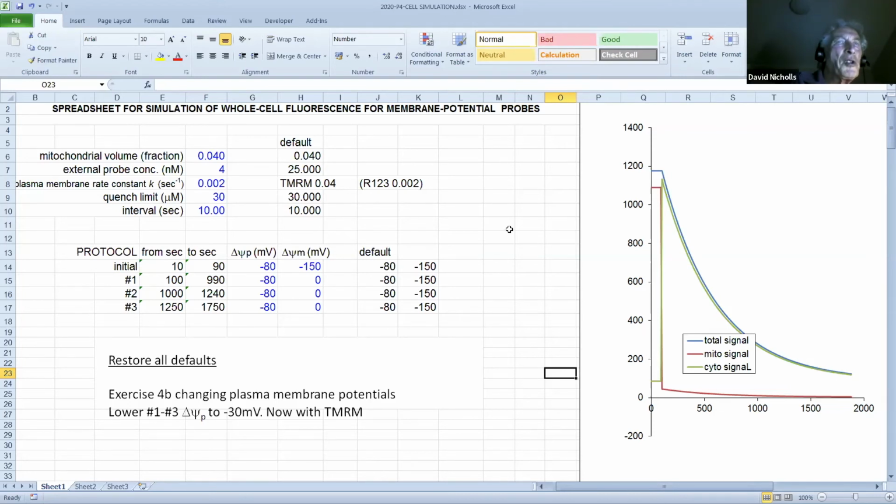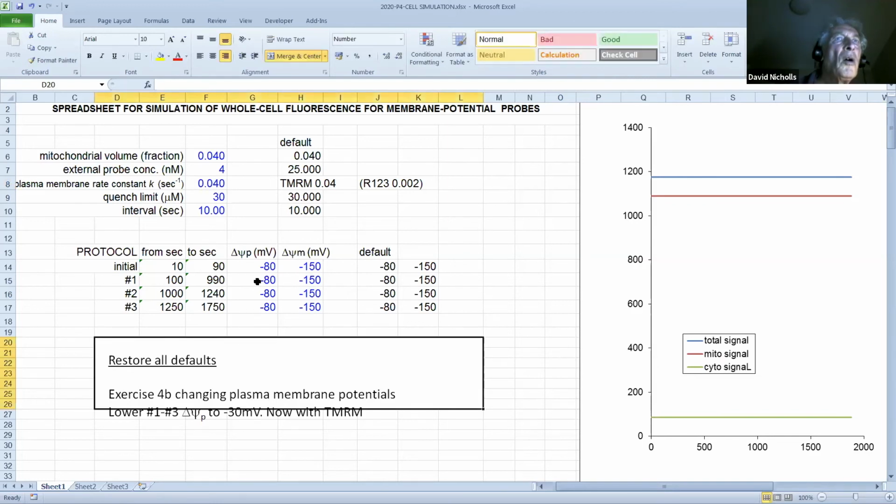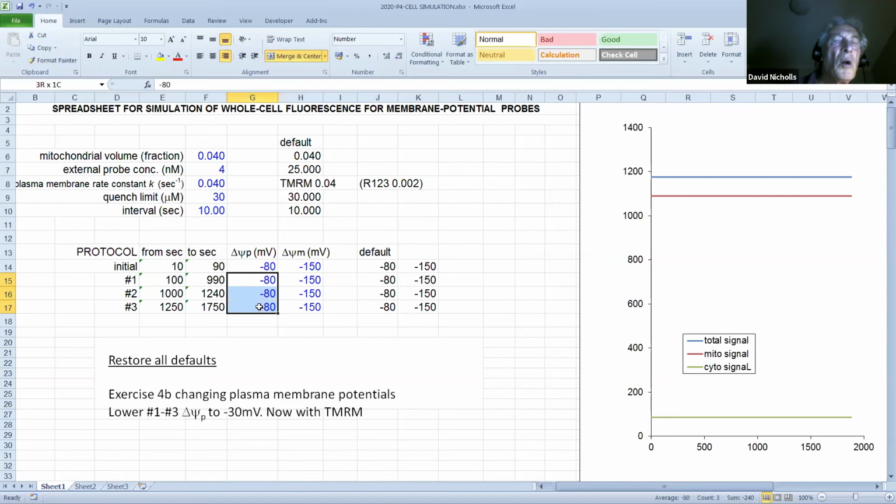And what you've just been looking at is a plasma membrane depolarization in non-quench mode, which looked more or less the same.